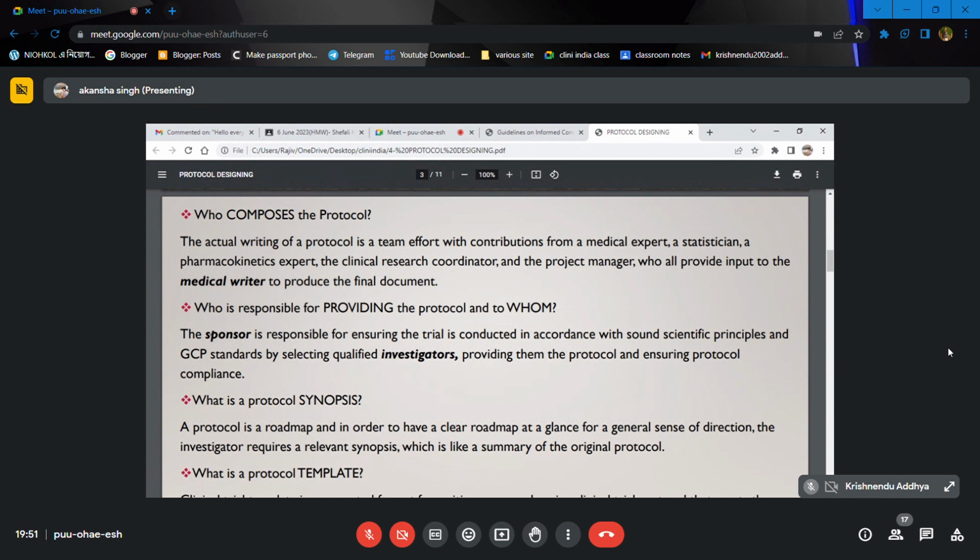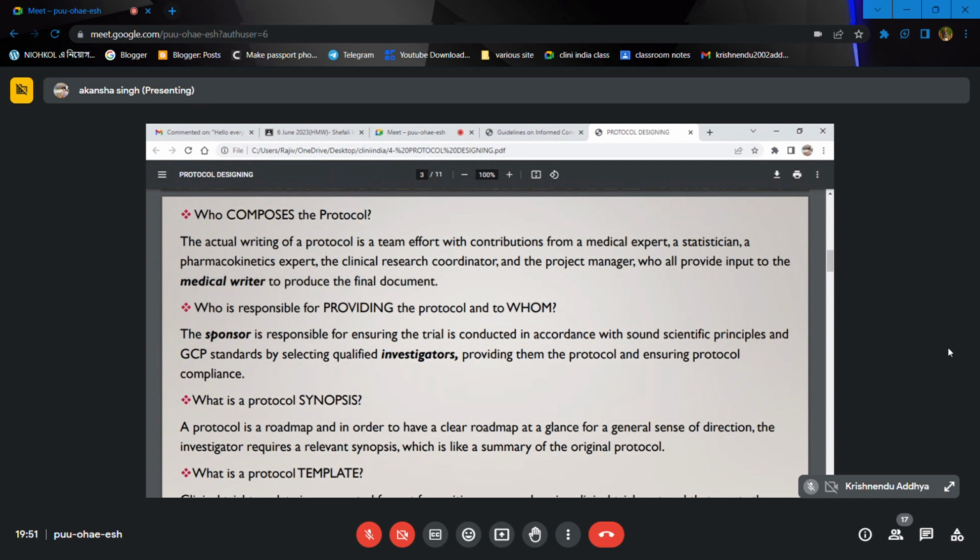In this summary, which could be two or so pages long, it should give the reader sufficient information to understand the rationale of the trial, the objective of the trial, and the methods of the trial, what method is being used to achieve the particular objectives. It should contain the title.